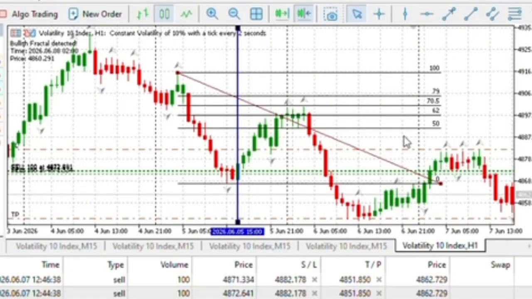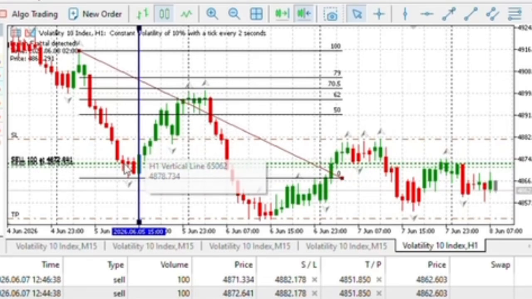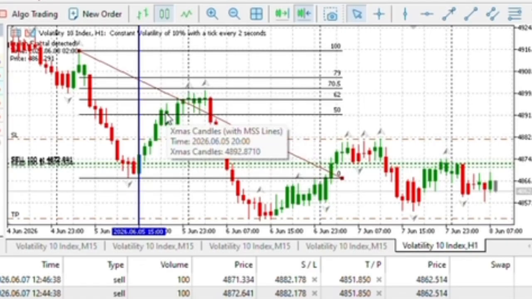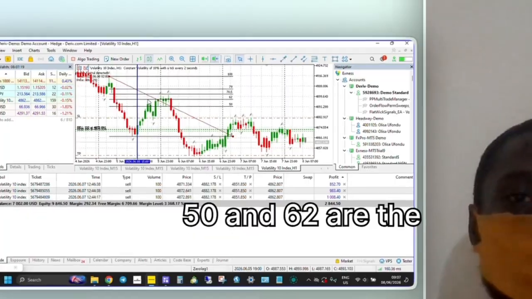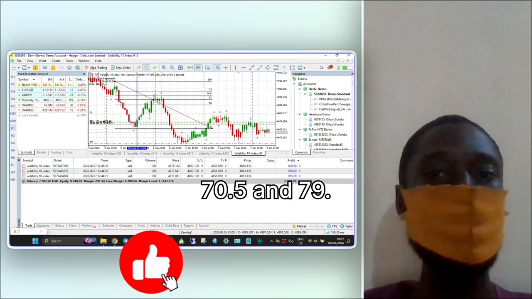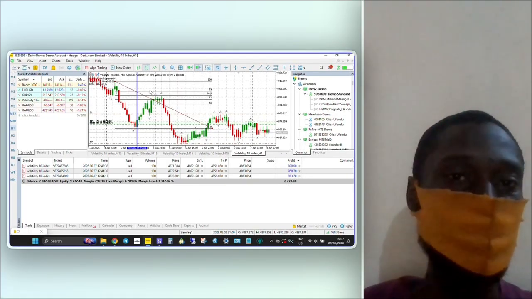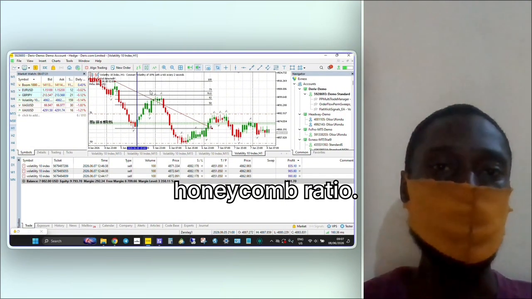So I usually would go for 1:2 or 1:3. In this case, our setup retraces, you can see that the market retraces to 50. Now 50 and 62 are the golden ratios, right? 70.5 and 79, for me, I use this as my honeycomb ratio, right?